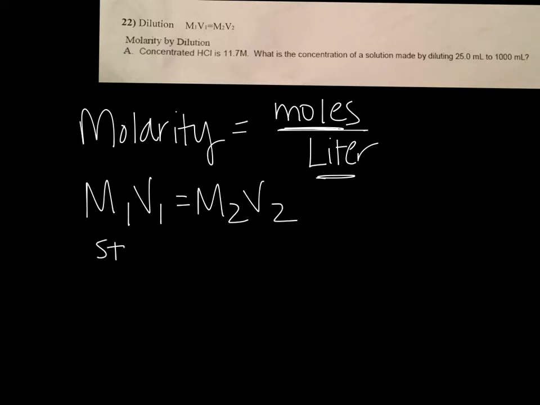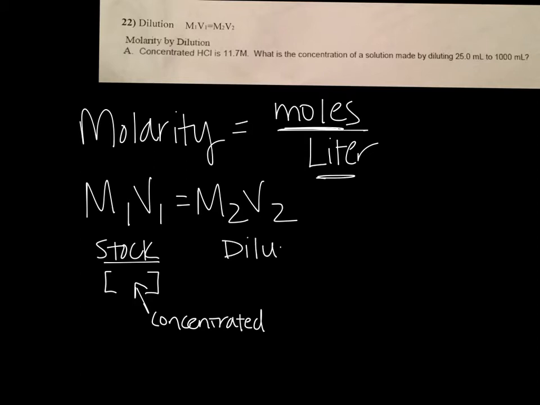You're thinking about having a stock solution. Stock solution is the concentrated solution, so you'll see me use brackets a lot. Brackets means concentrated or concentration, okay? And then this M2V2 is going to be the diluted part, okay?